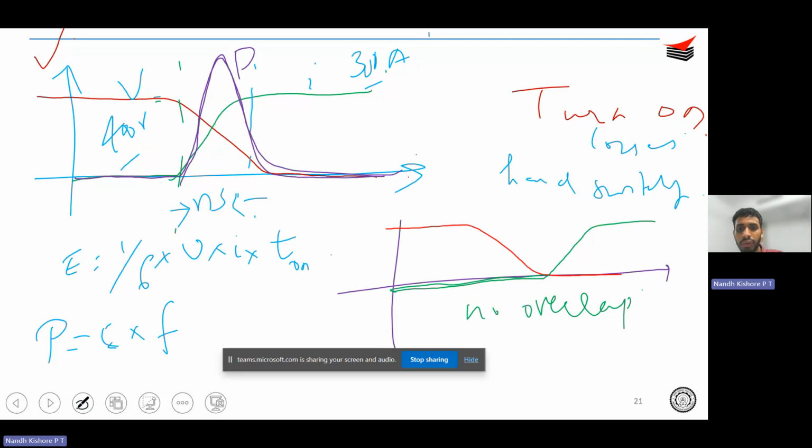My current is starting to rise after my voltage has fallen to zero. So in that case, there will be no switching loss. Switching loss is going to be zero during this period.